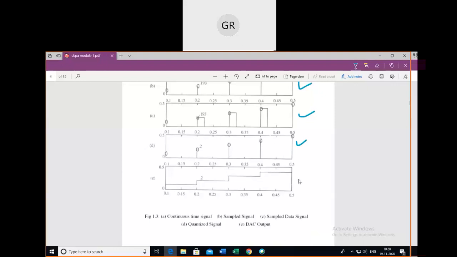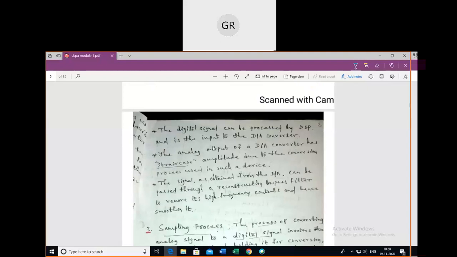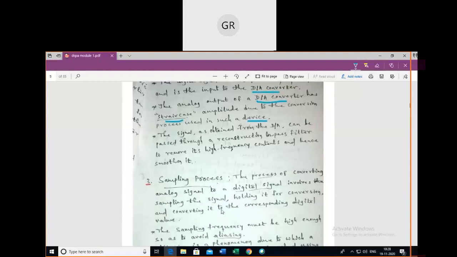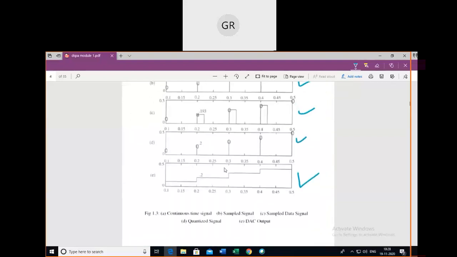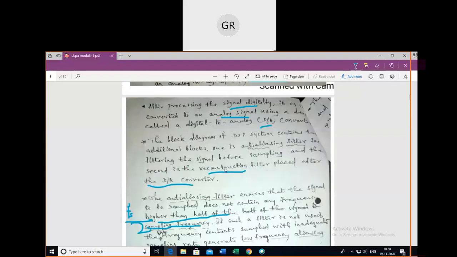Then this one is the staircase output of the D to A converter, the DAC output. The digital signal processed by a DSP is the input to the D to A converter. The analog output of a digital to analog converter has staircase amplitude due to the conversion process used in such a device. This is about the digital signal processor block diagram.